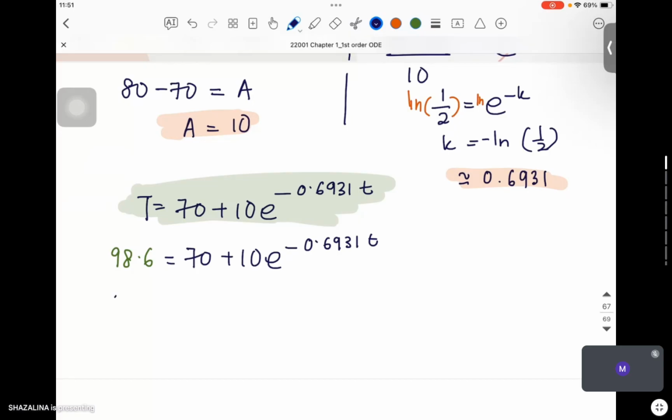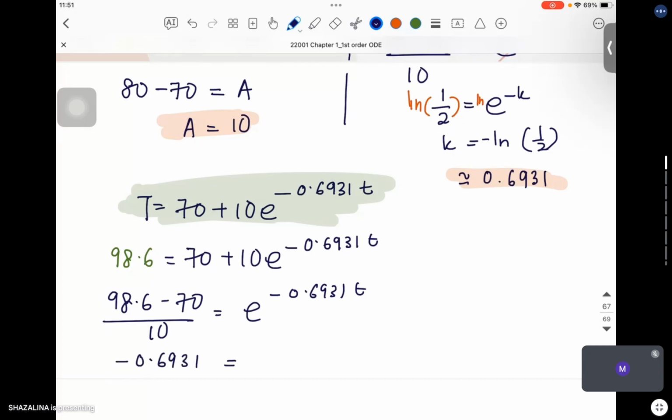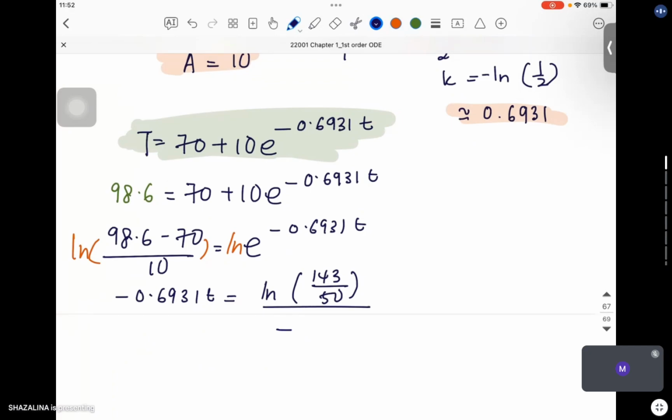Calculate the small t. Take ln on both sides. 98.6 minus 70. So the small t is apa? Tolong.